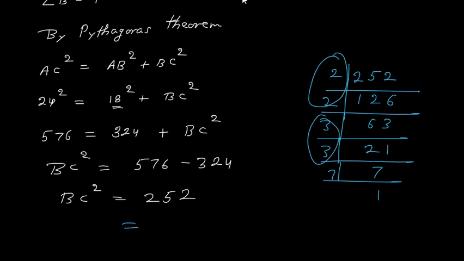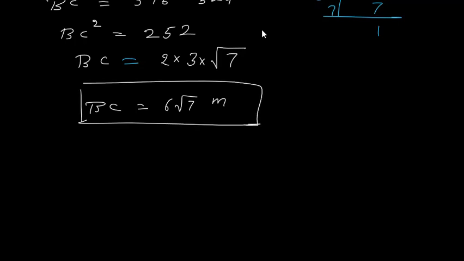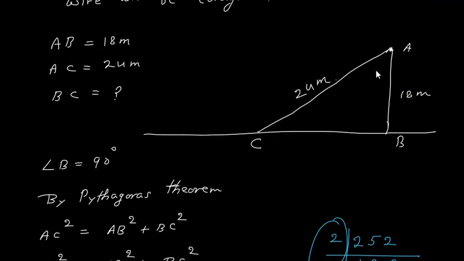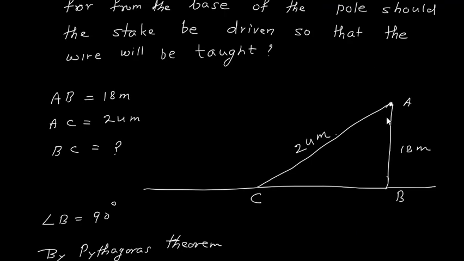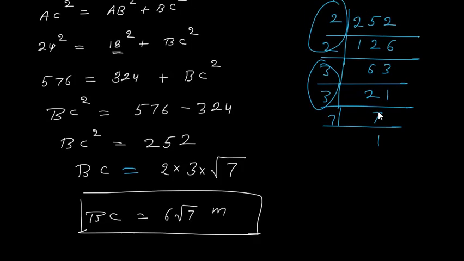So BC is equal to, we will take the square root, 2 into 3 into root 7. So this BC is equal to 6 root 7 meter. Therefore the required distance to which the stack should be moved along the ground will be 6 root 7 meter.